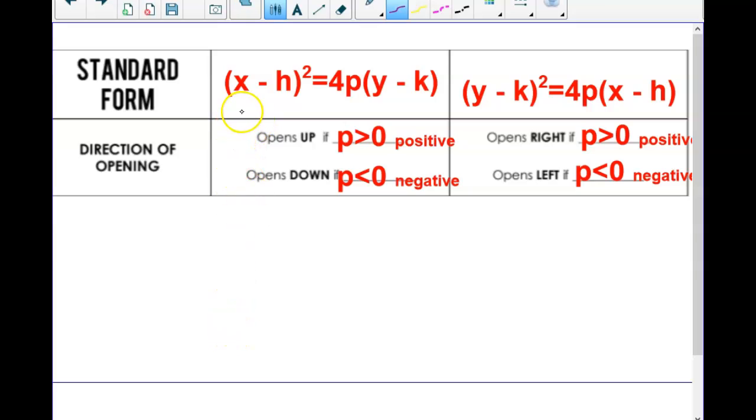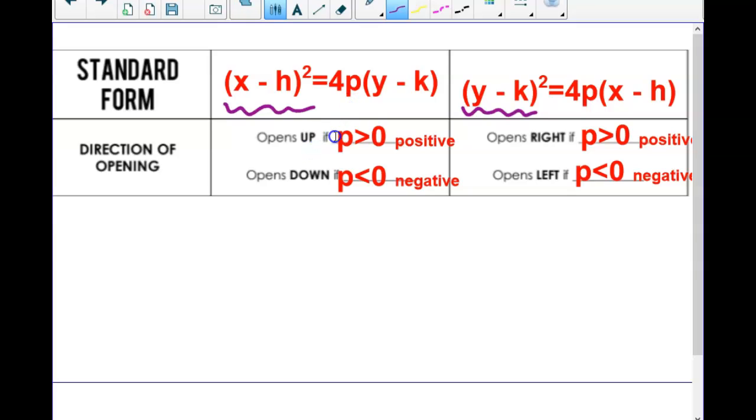Standard form. This is on your reference sheet as well. When the x is squared, okay, this is how I remember this. We've always done parabolas with x squared, right? And they opened either up or down. So now when we all of a sudden have ones with a y squared, they're going to open left or right. Now, if you think about this, it kind of makes sense.